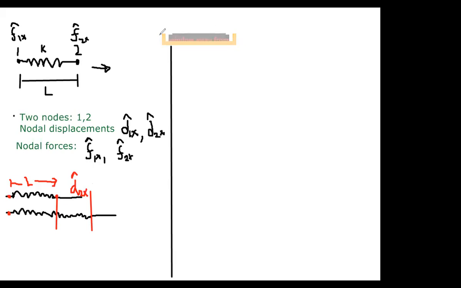So the original length is equal to capital L, and then what would the new length be? If this spring goes through some displacement, I'm calling it D1x hat.